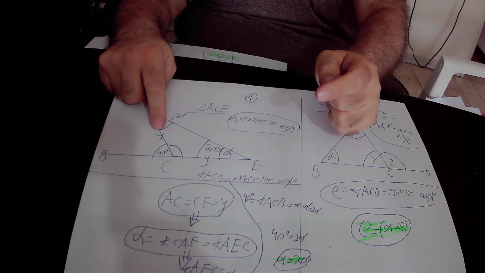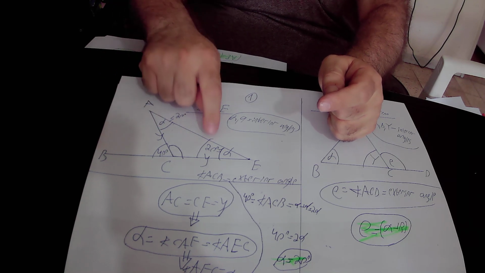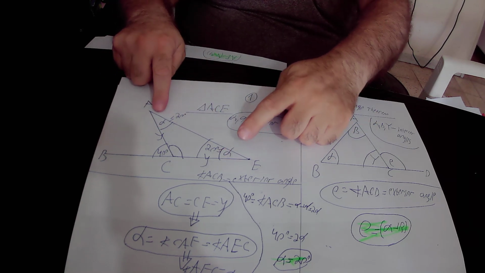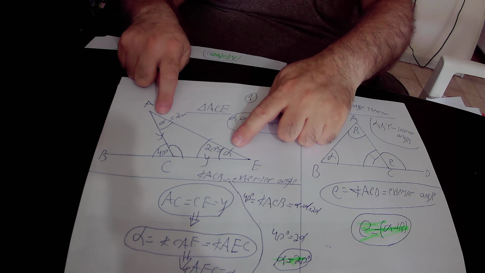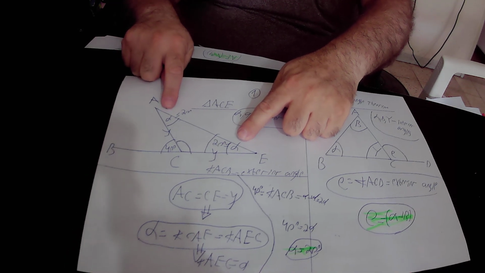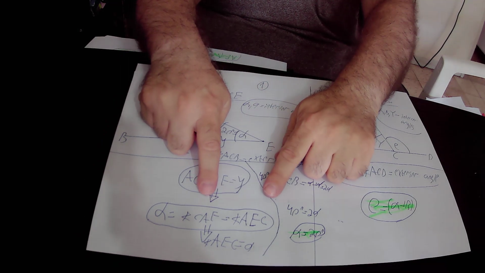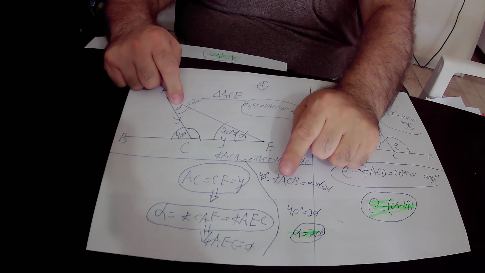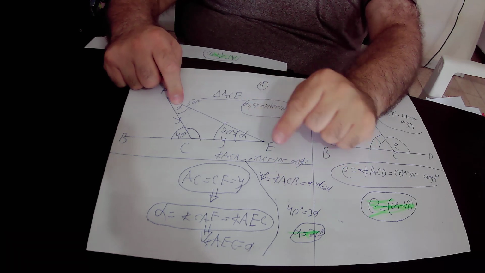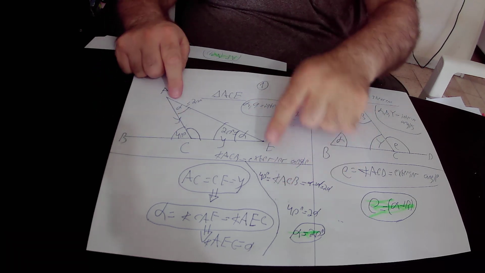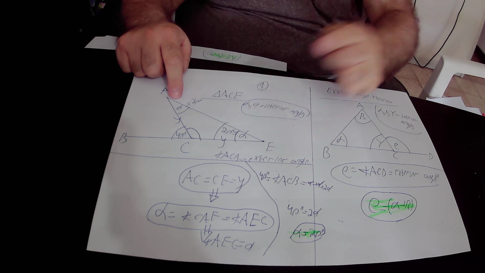So opposite this side we have this angle, opposite this side we have this angle, so those two angles must be equal to each other because they are located opposite equal sides. That is to say, angle CAE must be equal to angle AEC. So if we define one angle as alpha, then the other angle must also be equal to alpha. So those two angles are both equal to alpha.